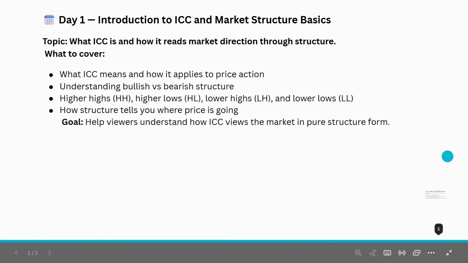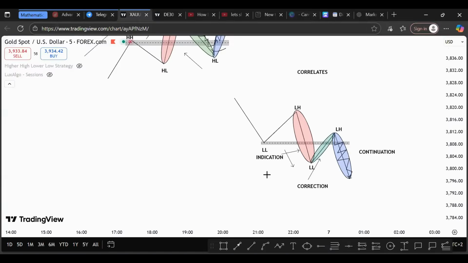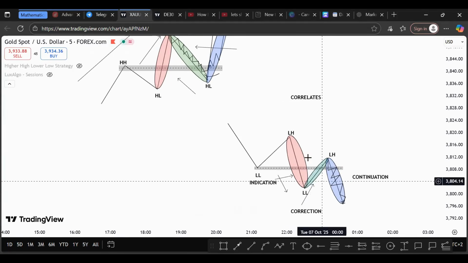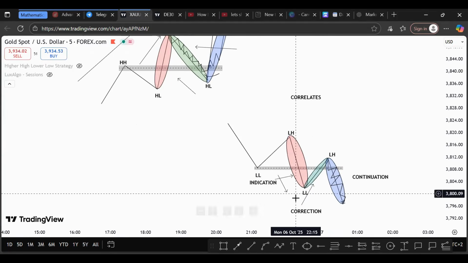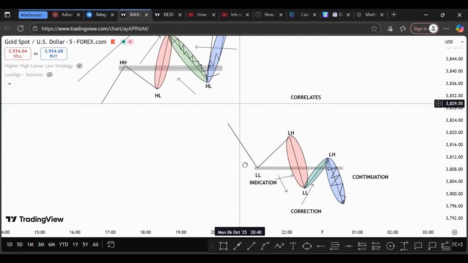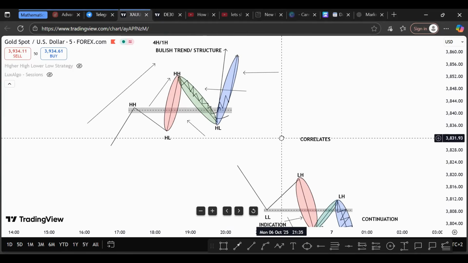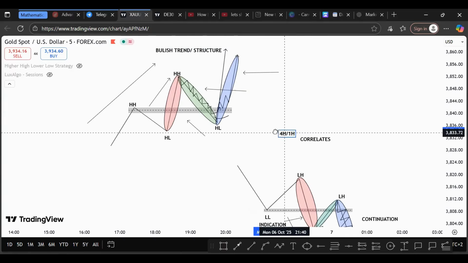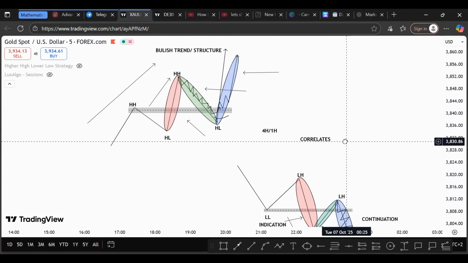Let me just exit here so I can go into this. Once price has shown you that it can sell below this level by creating an indication on a bigger time frame, remember, most of these trends will be found on a 4 hour or 1 hour time frame, right?